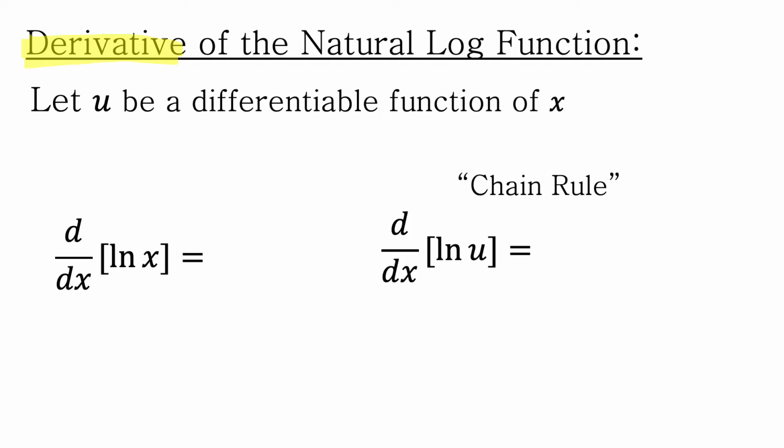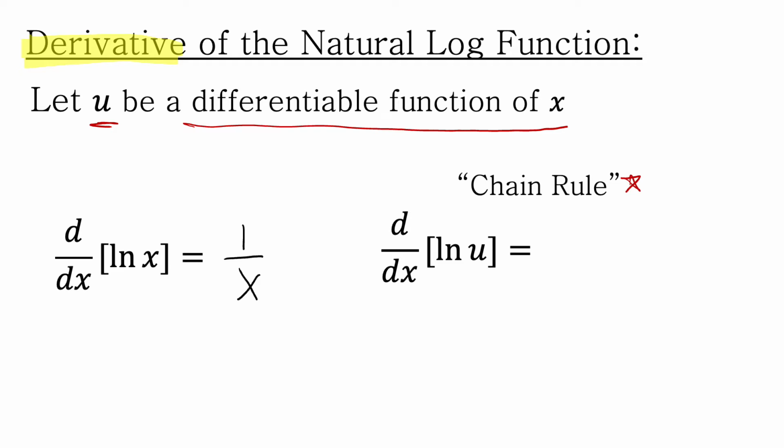So the first definition that we have is that the derivative with respect to x of the natural log of x is just equal to 1 over x. And then when we have the derivative with respect to x of the natural log of u, where remember u is a differentiable function of x, what we're really doing is using the chain rule.